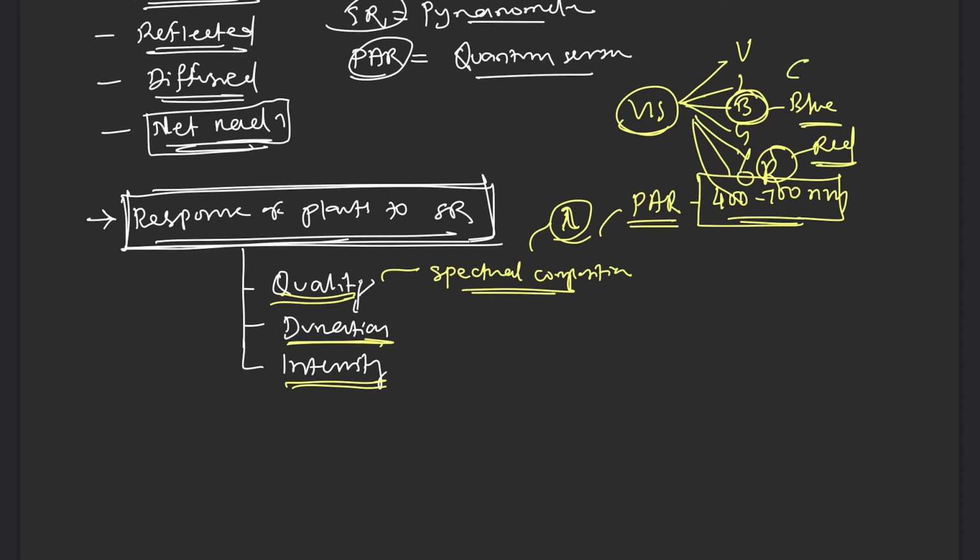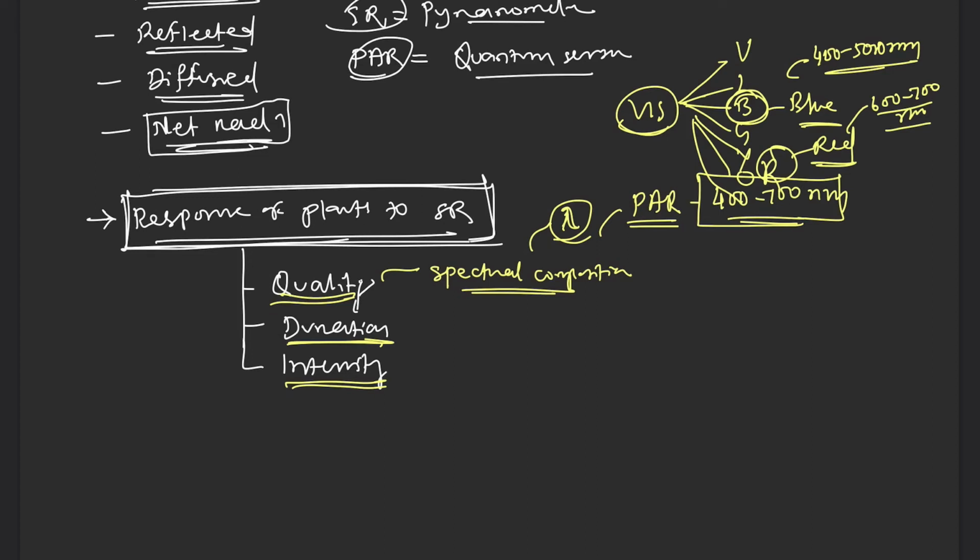Blue is around 400 to 500 nanometer, and the red band is around 600 to 700 nanometer. This radiation is mostly absorbed by the chlorophyll molecule and used in photosynthesis, right?